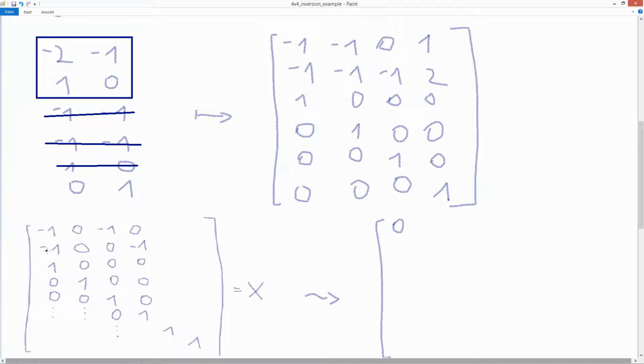So -1 times -1, and here we have 0, 0, so we get 1. So inserting here, we have -1 times 1, which is -1, and -1 again.